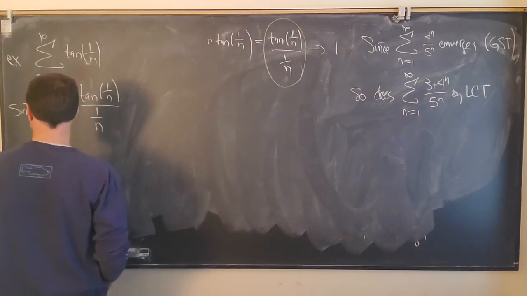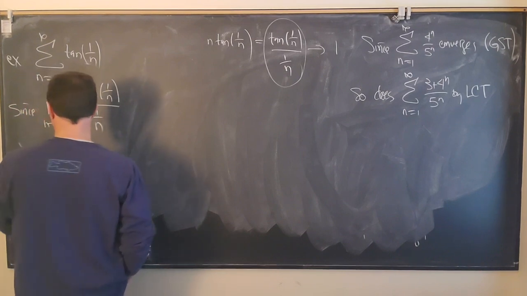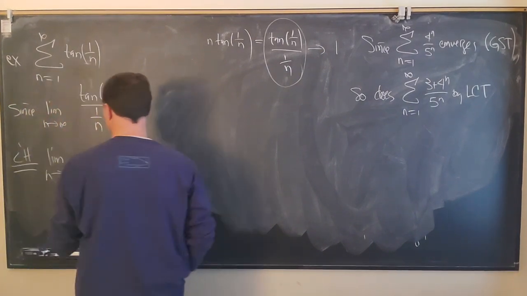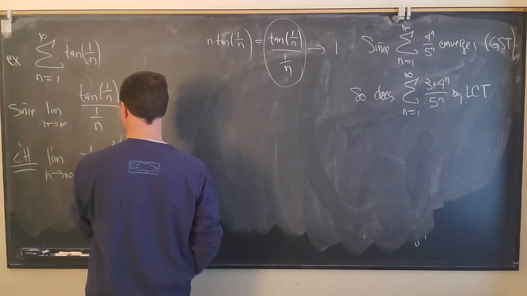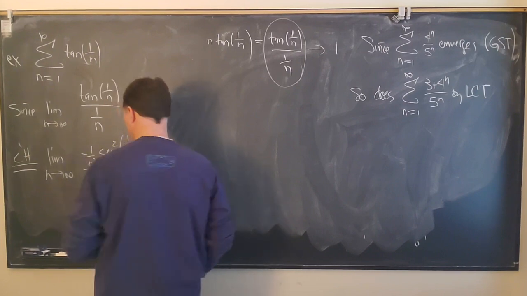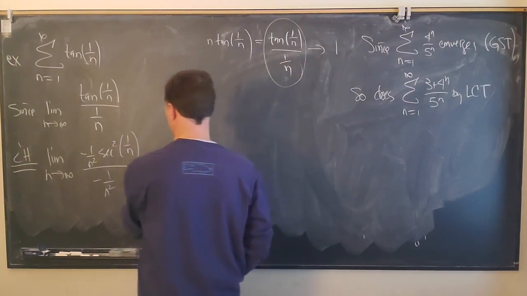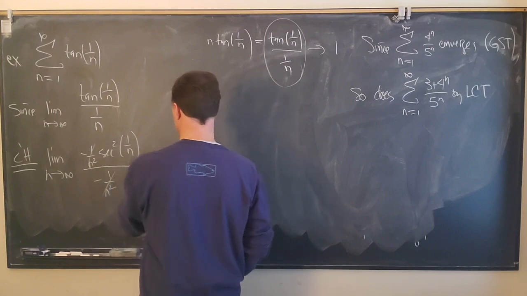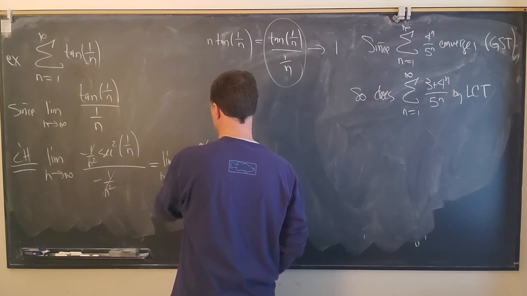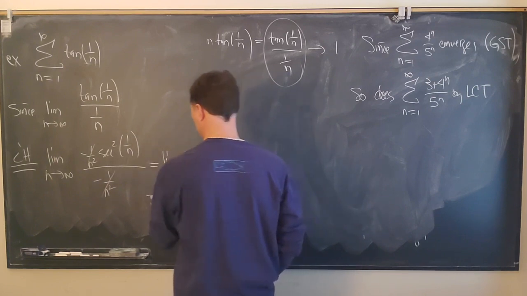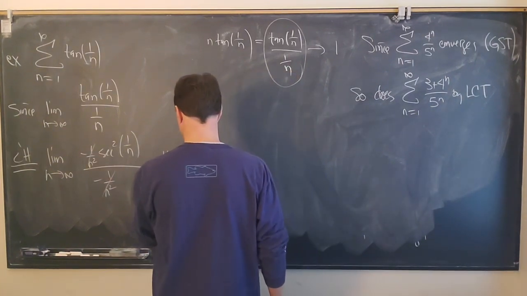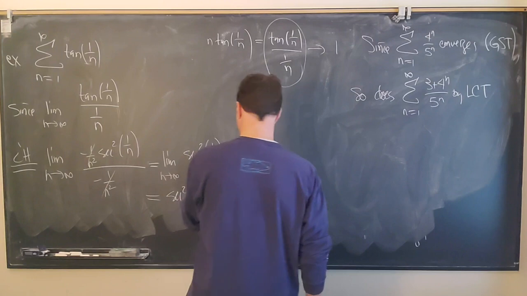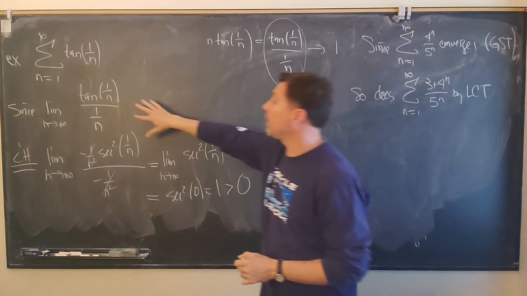So by L'Hopital's rule, that's the limit as n goes to infinity of negative 1 over n squared times secant squared of 1 over n, divided by negative 1 over n squared. Cancel that stuff. That's equal to the limit as n goes to infinity of secant squared of 1 over n. As n goes to infinity, inside is approaching 0, so we get secant squared of 0, which is equal to 1, right?